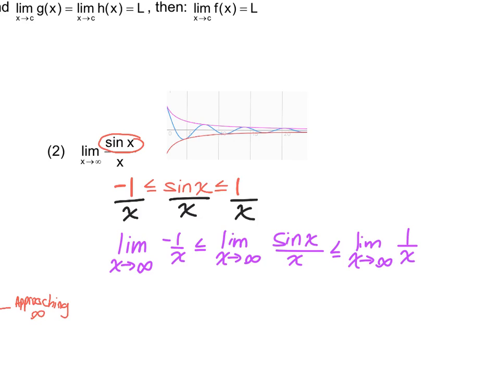There are moments along this curve where the sine of x over x is equal to negative 1 over x, the red curve, it actually touches in a bunch of spots, and 1 over x, it actually touches in a bunch of spots. So the equality is really there. You get that if you don't recognize it based on the nature of trig, just by looking at the picture. Now, we've already investigated these, so we know the outer limit is 0 in both cases, and so now we have our limit.